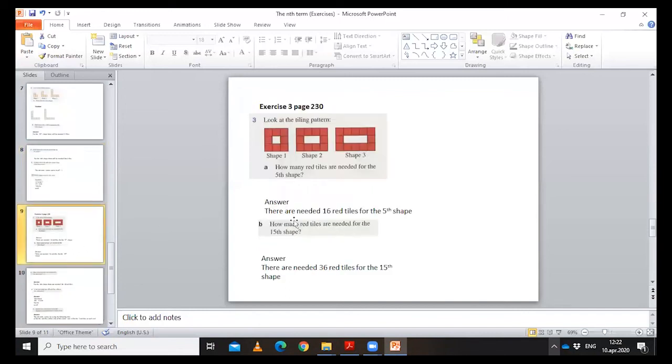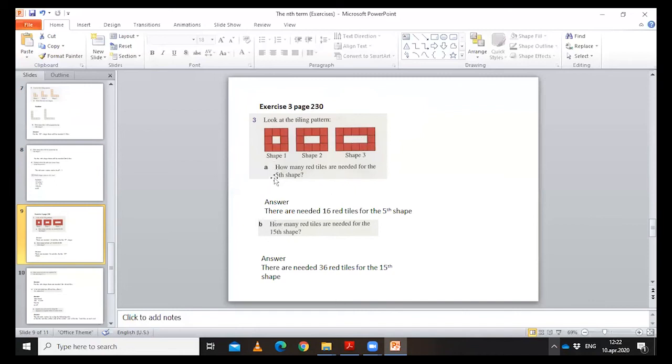Please follow now on consolidation exercises. Exercise 3 on page 230. It is given a tiling pattern, the one with the red tiles. You see the first shape, the second, the third shape. The first has 1 space in the center, the second 2 spaces, the third 3 missing tiles, and so on.